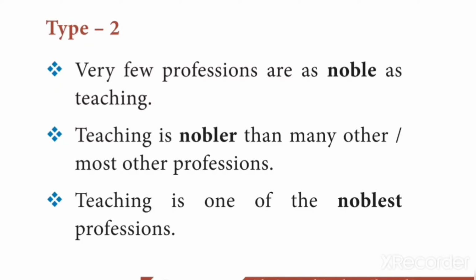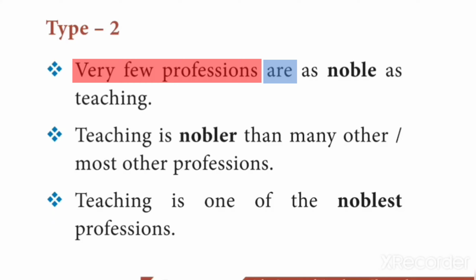This type 2 begins with, the positive degree sentence begins with very few, which is followed by a plural noun, see professions. Very few professions. Since you have the plural noun as subject, it is followed by a plural verb are. Very few professions are. Again, the positive degree adjective noble, which is preceded by as, because the verb is positive, not negative.